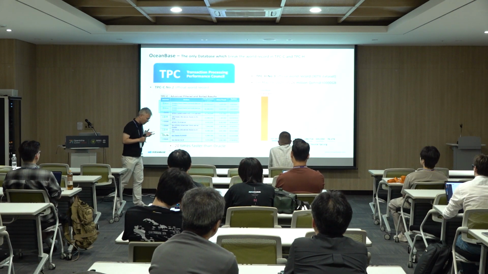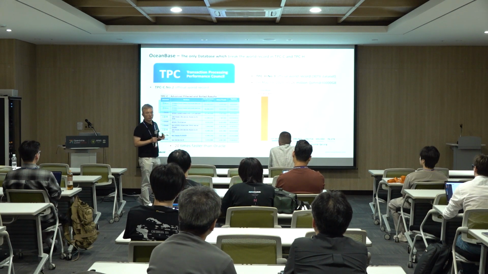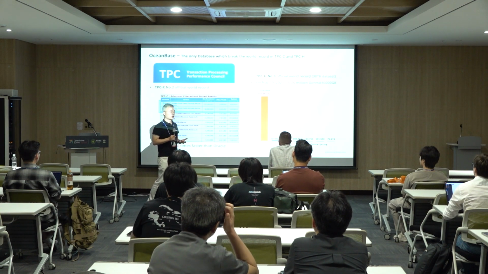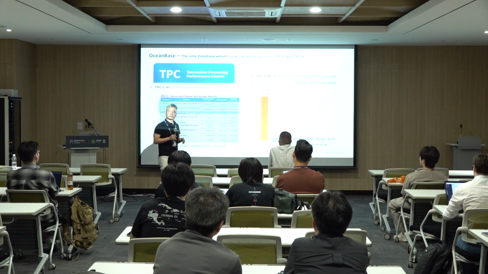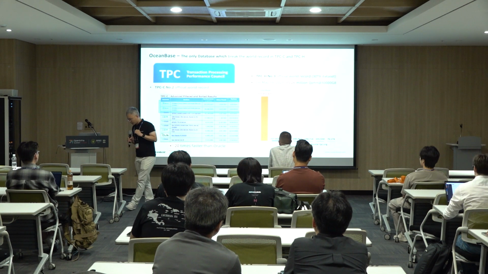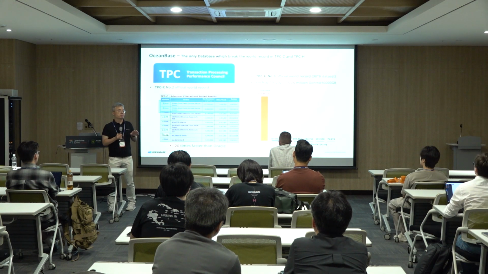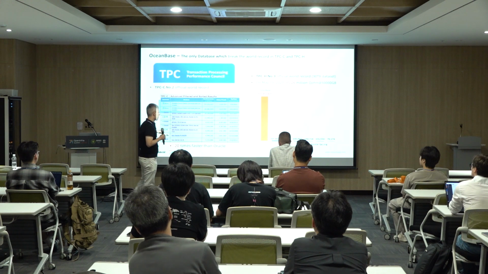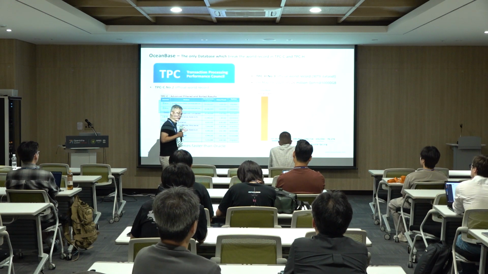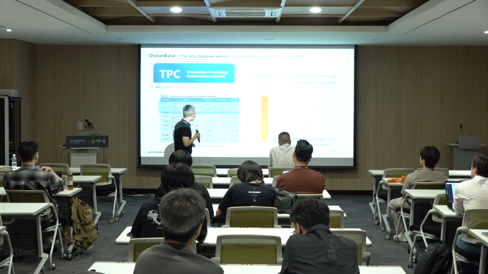It's the first time a distributed database ran the benchmark. The score is 20 times faster than the previous record. In fact, there is a lot of story behind the TPCC benchmark. I'm afraid I can't share the story behind the TPCC.